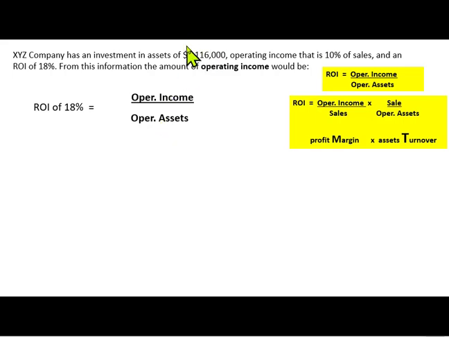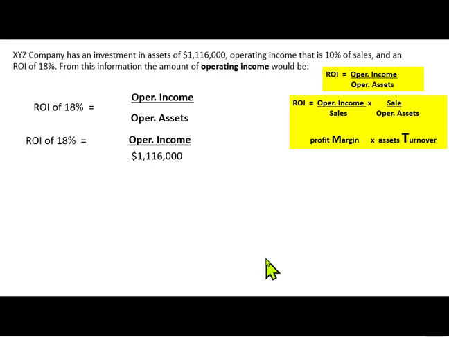And we have operating assets, which are $1,116,000. So let's go on down the next line and plug in the things that we know. Return on assets of 18% equals operating income divided by $1,116,000. So now we're going to do something that some of us may remember from an old math class.